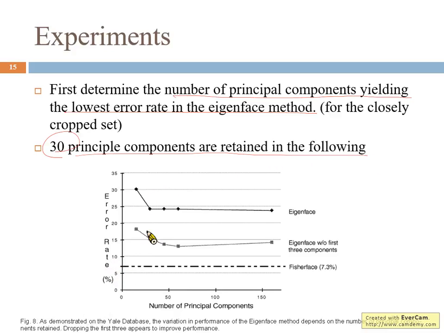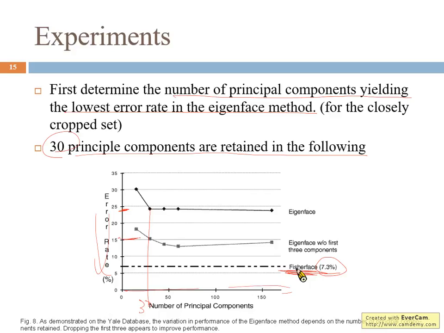In this figure, we show the number of principal components versus the error rate, and we can see that when the number of components is around 30, we may achieve almost the best error rate, that is 45% or 50%. However, when we use the Fisherface approach, the error rate is just 7.3%.